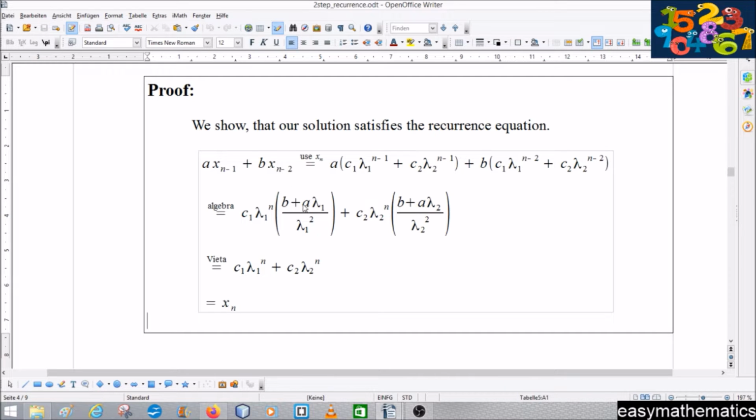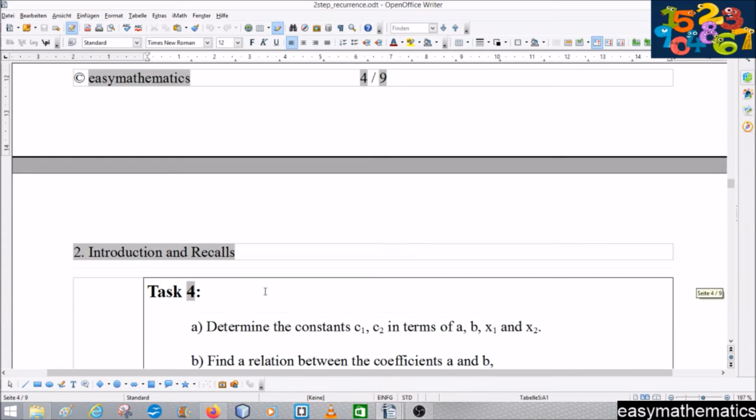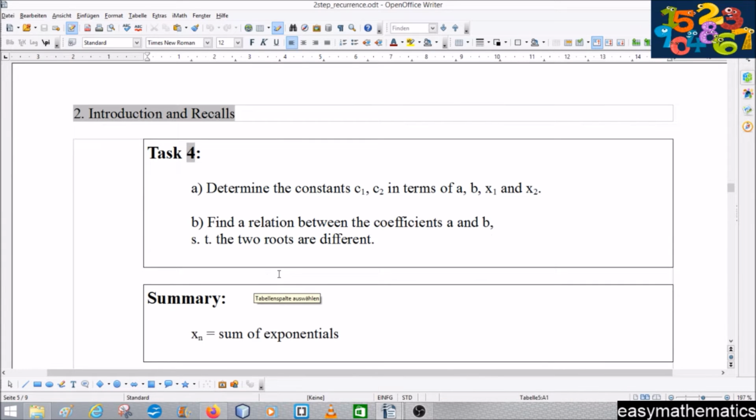Then we factor out c1 lambda 1 to the power n and c2 lambda 2 to the power n, and we get this expression. So take pen and paper and make sure that you got this. And these two fractions, they are 1 by Vieta's theorem. I leave that as an exercise for you. These are 1 by Vieta, and therefore we see that the recurrence relation is satisfied, and this finishes off the proof.